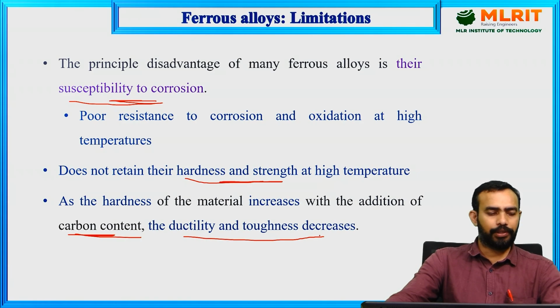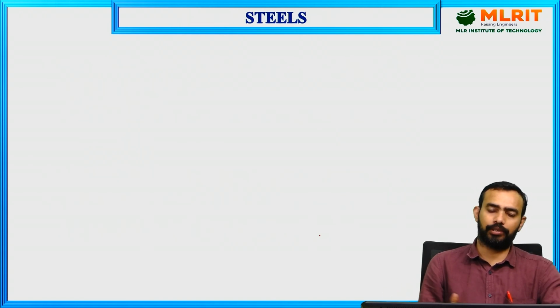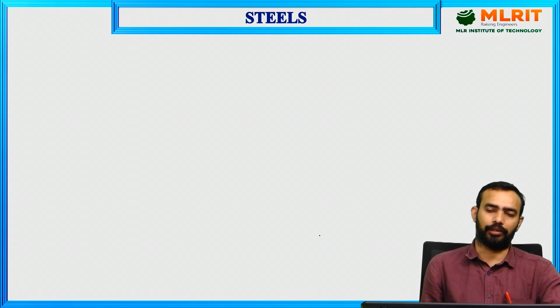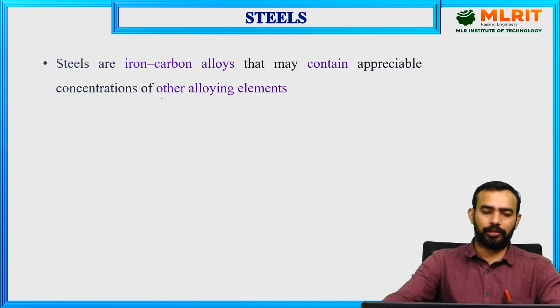As we have seen, the ferrous alloys have been further classified into steels and cast iron. We start with discussing the steels, and in the upcoming classes we will also discuss the cast irons. Steels are iron carbon alloys that may contain appreciable concentrations of other alloying elements as well.